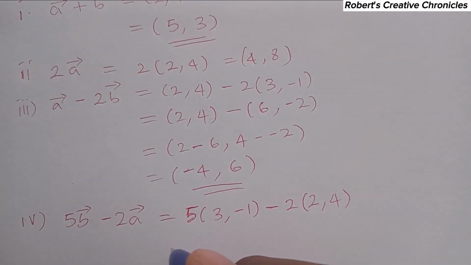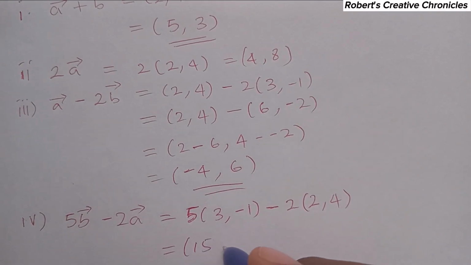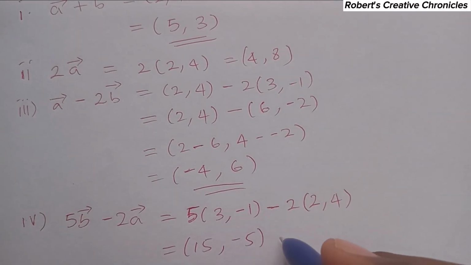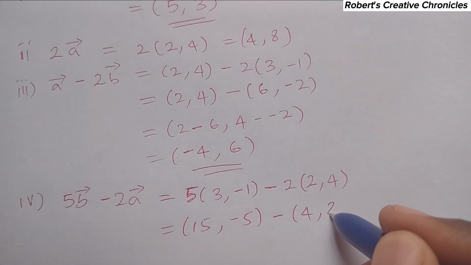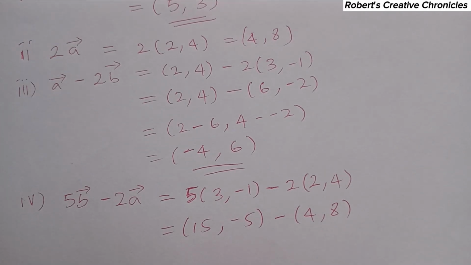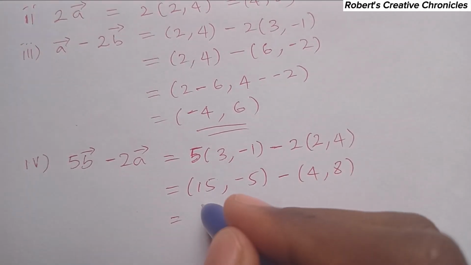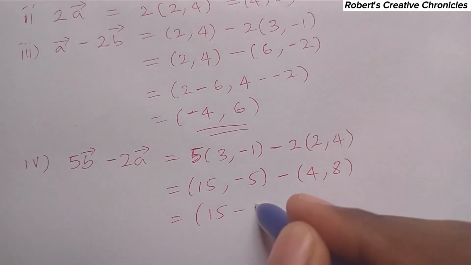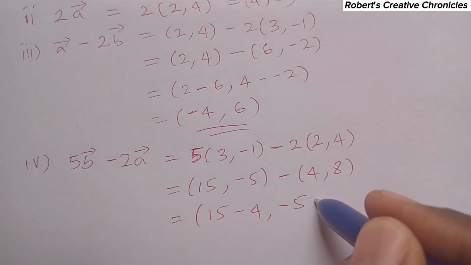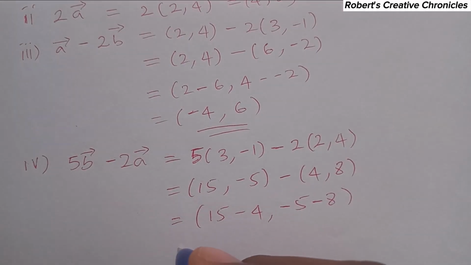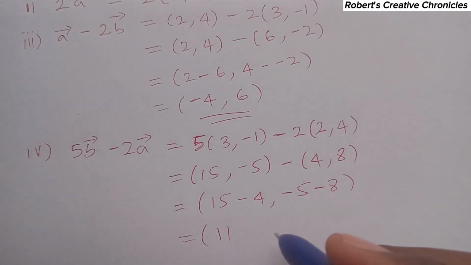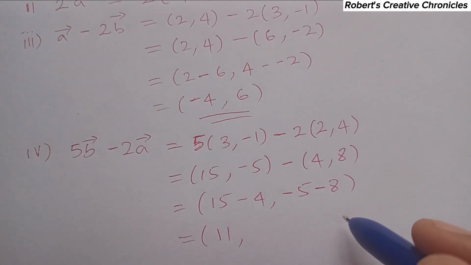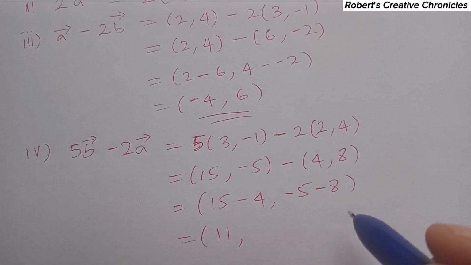So this is what? 15, minus 5, minus 4, 8. So this becomes 15 minus 4, minus 5 minus 8. 15 minus 4 is what? Is 11. Minus 5 minus 8 is what? Minus 13.